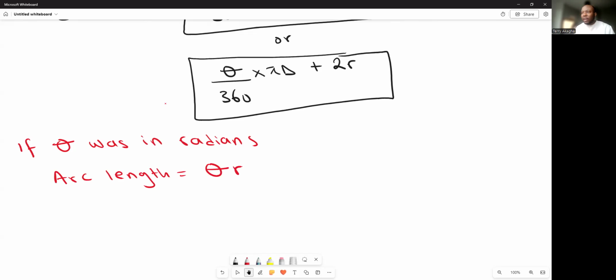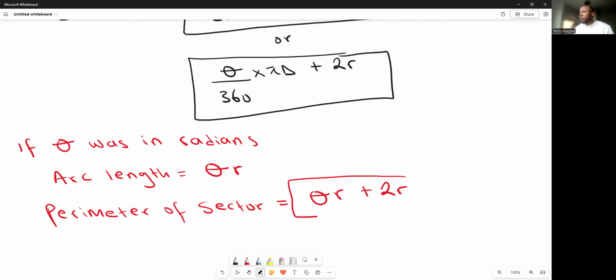You have to be very careful and be sure you understand the unit. Then the perimeter of the sector will be equal to theta r plus 2r.